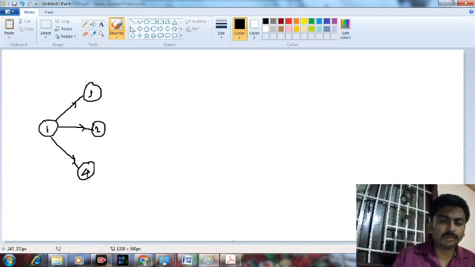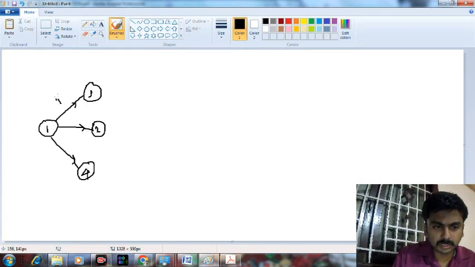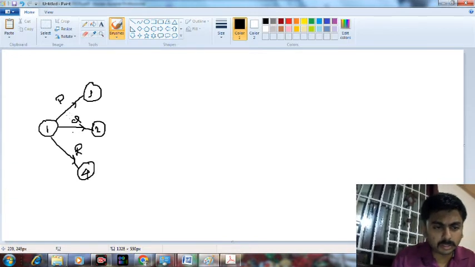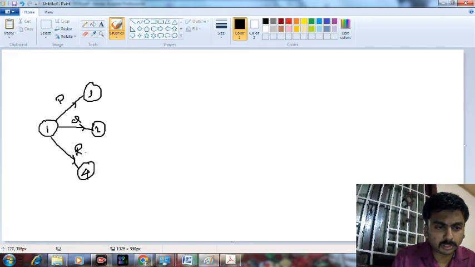Now I mention this as P, this as Q, and this as R. These are the 3 starting activities, the activities whose predecessors are over.